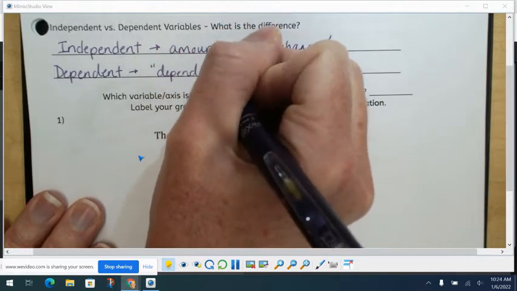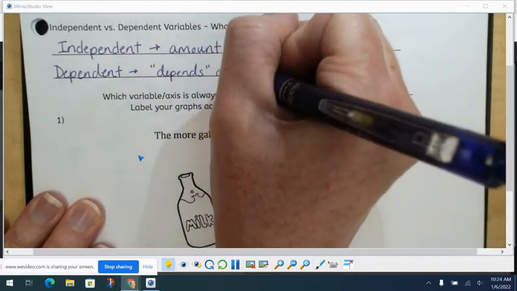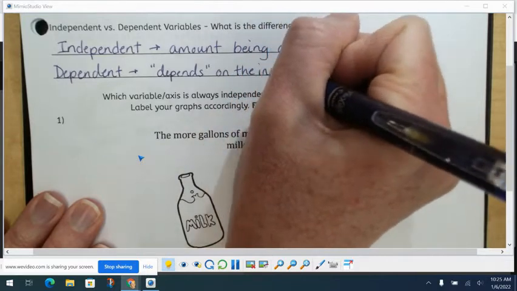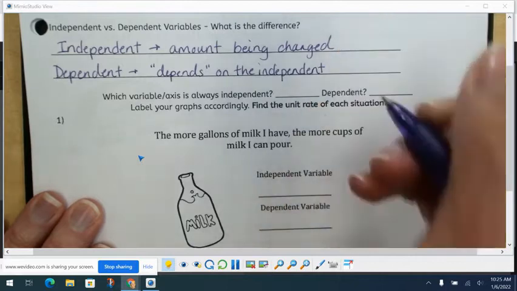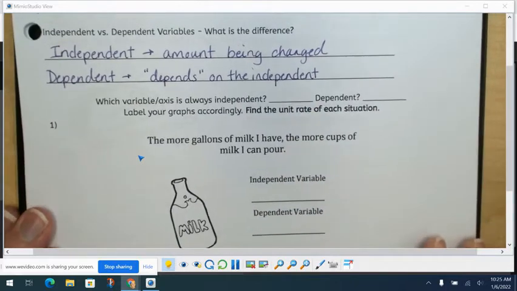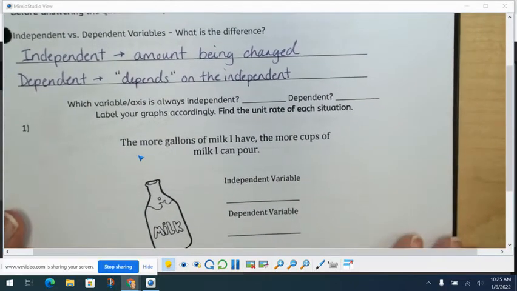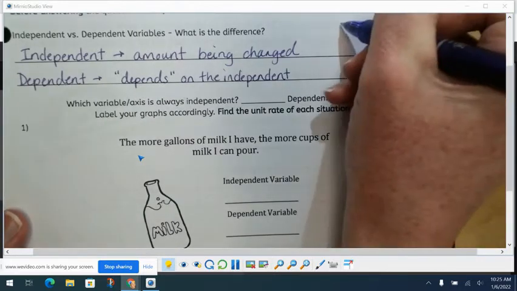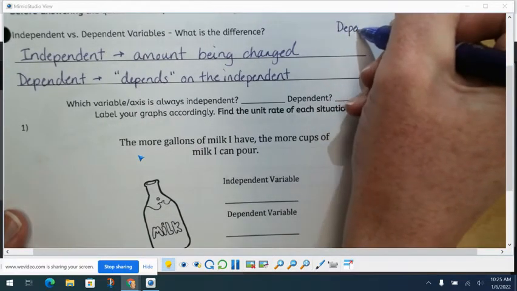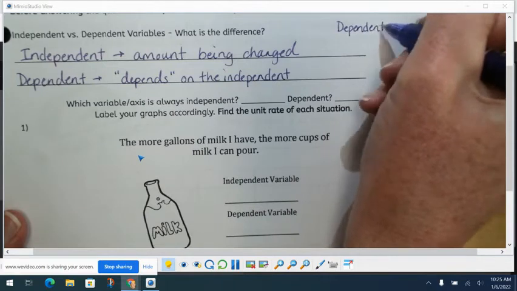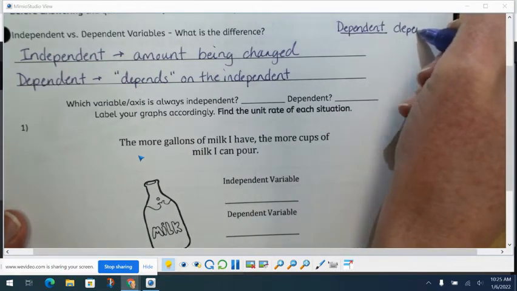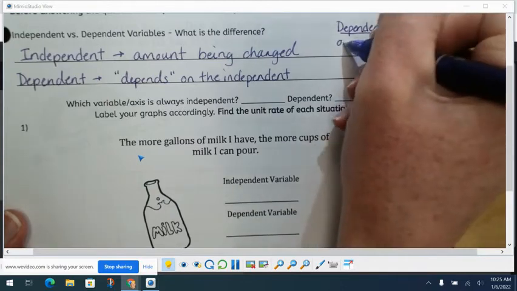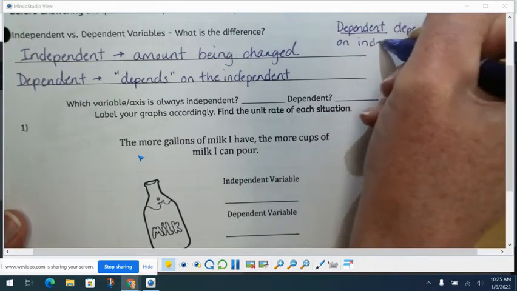That's how I remember it. There's a little phrase I use to help me remember which one goes with which: the dependent depends on the independent.